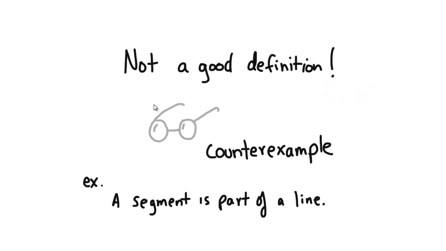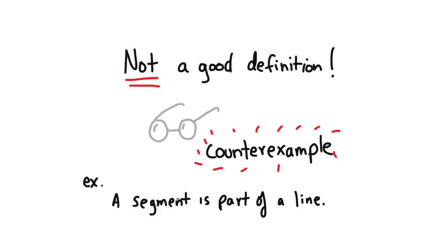Alright, so here's a quick review on what makes a good definition. You can actually show a statement is not a good definition by looking for a counterexample. Alright, so I have an example here. A segment is part of a line.